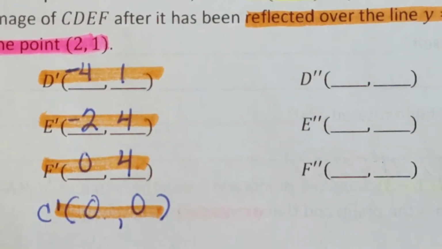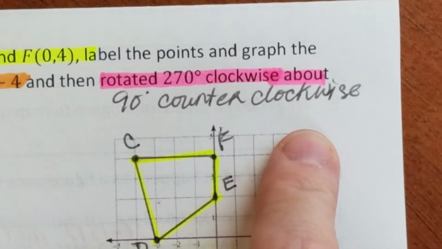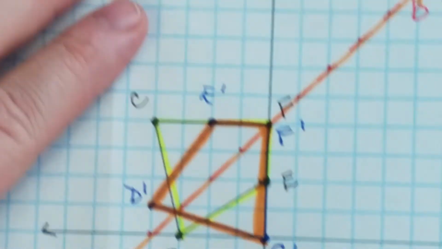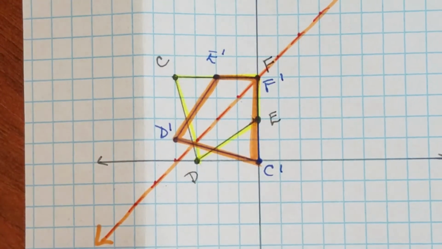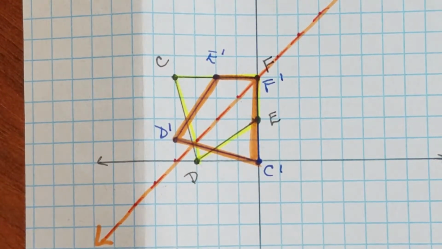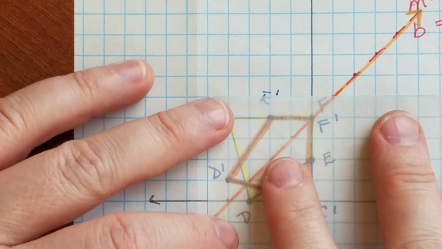Now what we're going to do is rotate this figure 270 degrees clockwise, which is the same as 90 degrees counterclockwise. Let's go ahead and do that. I have my picture, and I'm going to just use the patty paper here to save time.